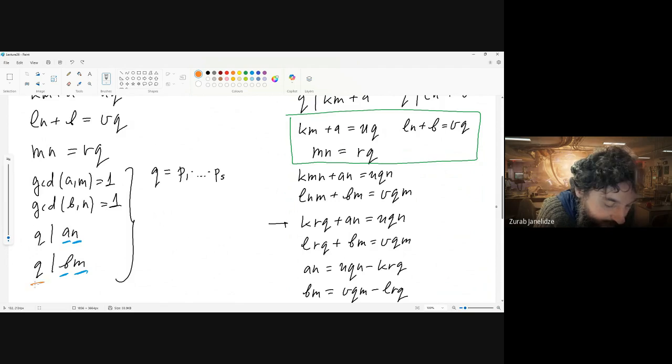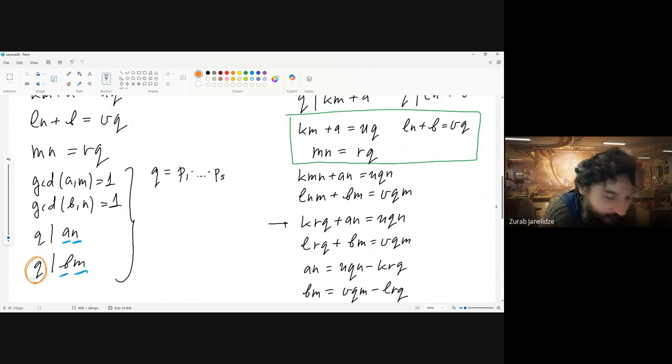So if some prime factor of Q appears inside M, actually it can't, because if it does appear inside M, that same prime factor cannot appear on this side, because no prime factor of A is shared with any prime factor of M, and no prime factor of N is shared with any prime factor of M. So that prime factor cannot exist, right?